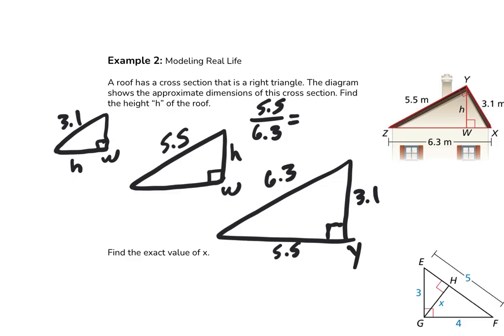And then we're trying to find H. So we're going to go H matches with 3.1. I never even used the 5.5 on the big triangle, right? So now we've got a proportion, we're going to cross multiply, and we're going to solve. The easiest way to solve this one is to take 3.1 times 5.5 and then divide it by 6.3.